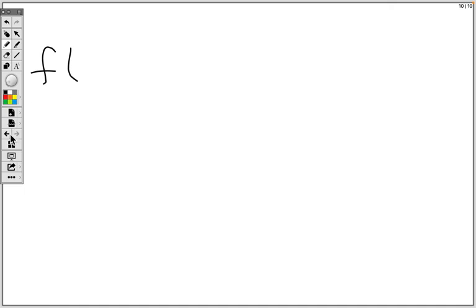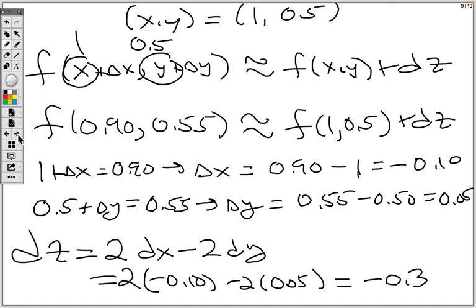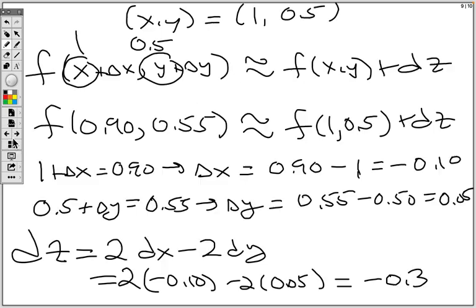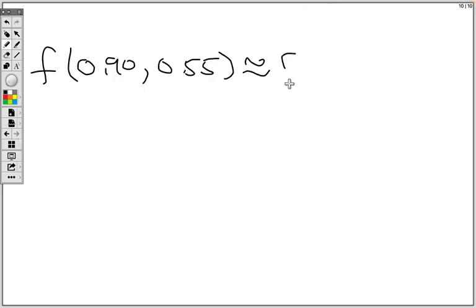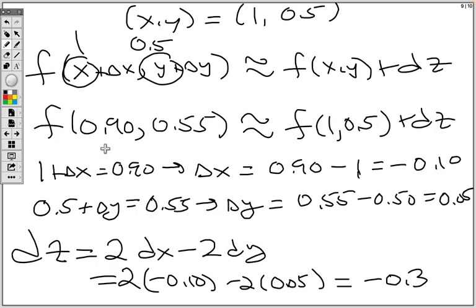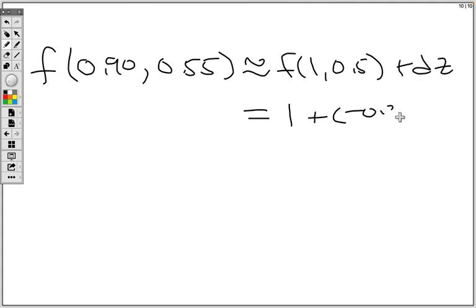So f at 0.9, 0.55 is approximately equal to f of 1, 0.5 plus dz. F of 1, 0.5 is 1. dz is negative 0.3.